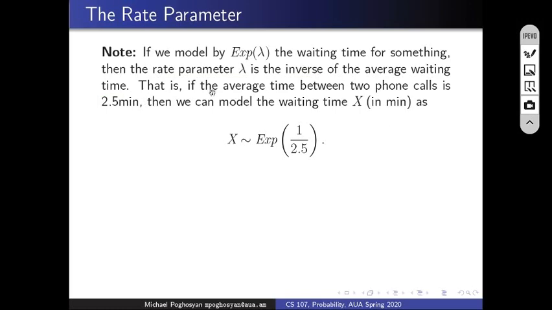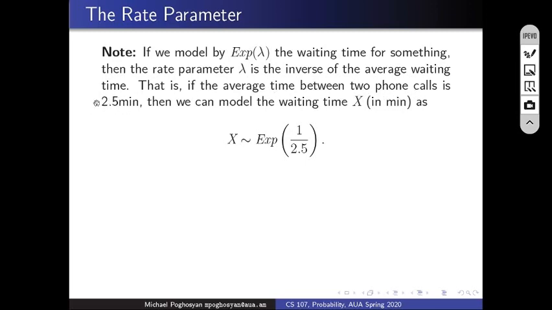So if the something is a phone call, and the average time between two phone calls is 2.5 minutes in some call center, say. What I mean by average time between two phone calls: we are fixing times between consecutive phone calls, say 3 minutes, then 4 minutes, then 1 minute, then 0.1 minute, and then again 3 minutes, 5 minutes, and we are calculating the average time between two phone calls.